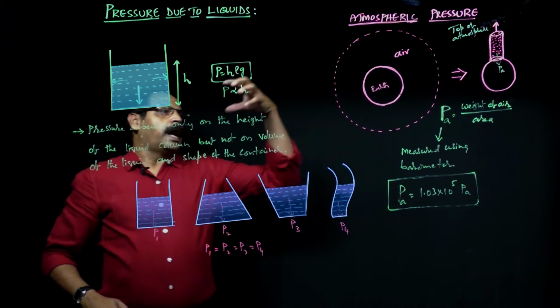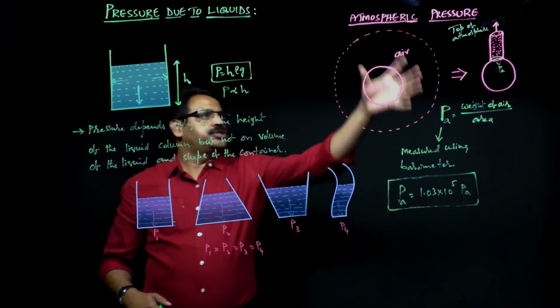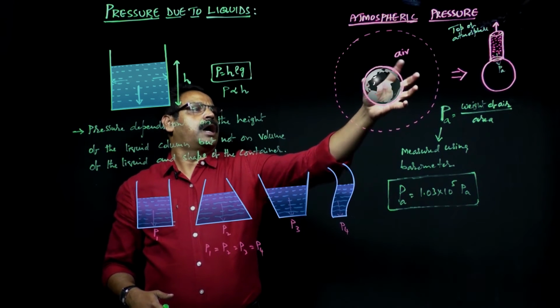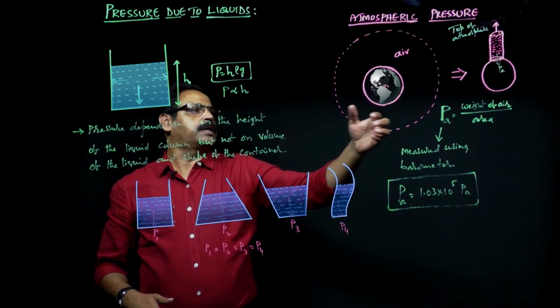Now, the atmosphere also exerts a pressure on the surface. Here, this is the Earth's surface and the Earth is surrounded by the atmosphere.